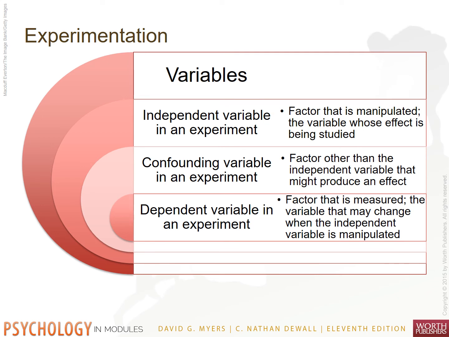There's a whole variety of different variables that can influence the effect. And the way you eliminate these confounding variables is by using random assignment in your experiment. That balances out the groups, and the groups will only differ on the independent variable if you use random assignment. If you don't use random assignment, the groups can differ on the independent variable and many other alternative variables called confounding variables.